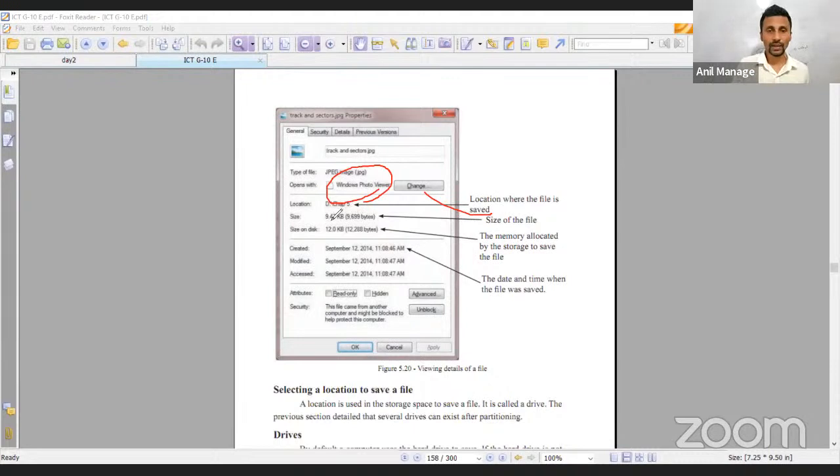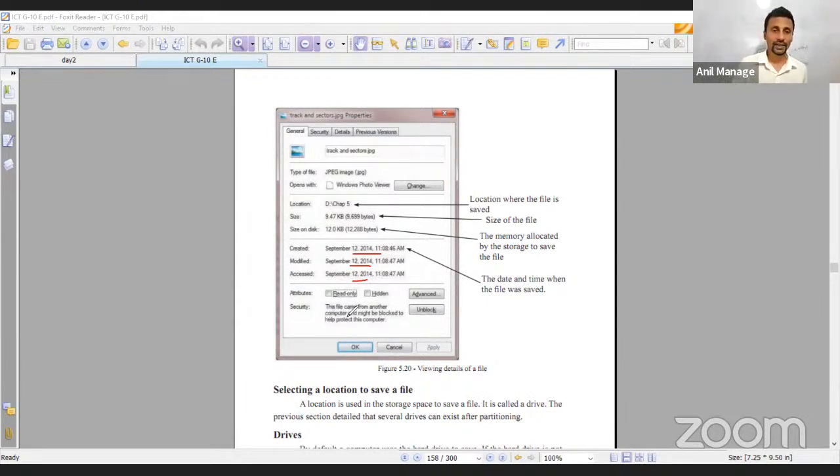Then the file location is given, D drive, then size and size on disk. These are two different sizes, and small differences can be there because of the file system. Then created: when you created the file. Modified: if you have changed it, that is also recorded. Then accessed: if you open and close it even, that is called access, and everything will be recorded.